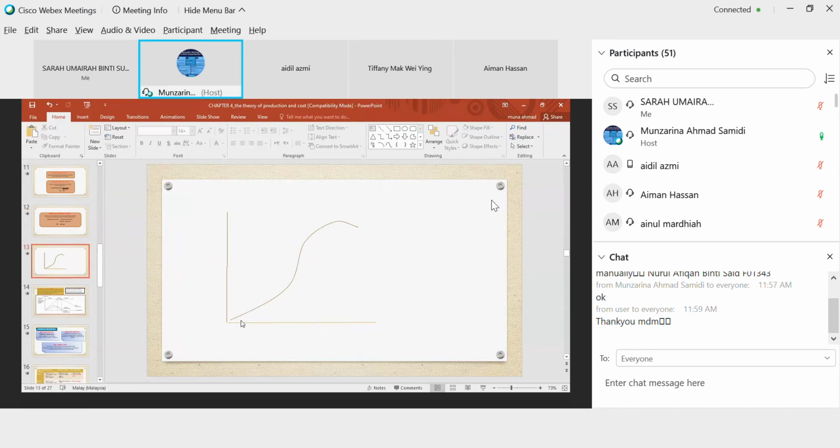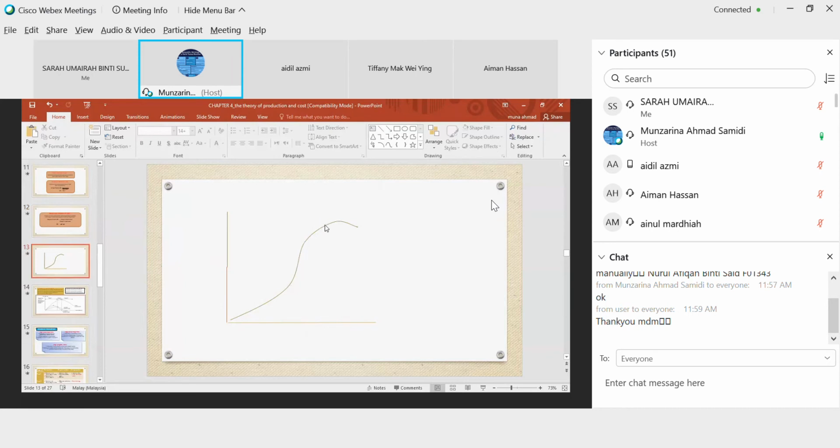Why? Because at the beginning the slope will start to increase. This is a situation where we have an increasing marginal return. Okay, and it ends somewhere here, and then from here it will start to decline.